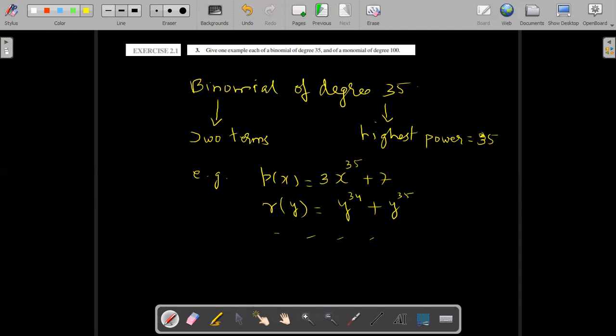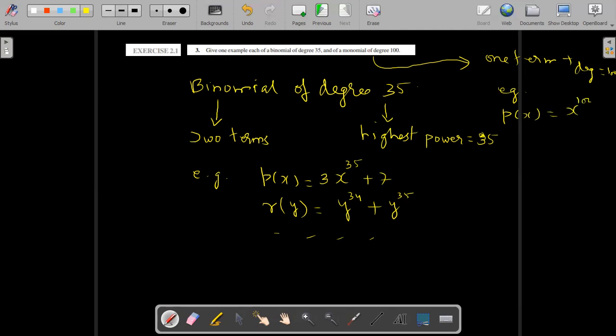And a monomial of degree 100. Monomial means it has only one term, and the degree should be 100, meaning the power of x should be 100. We can give many examples. Dx is equal to, a simple example, x raised to power 100.